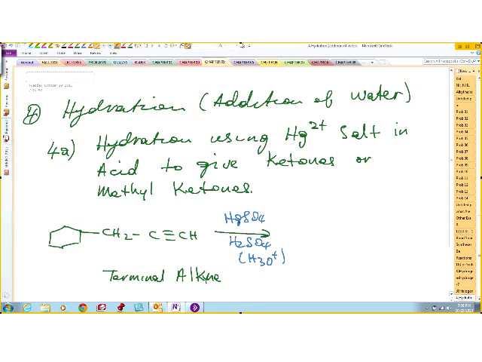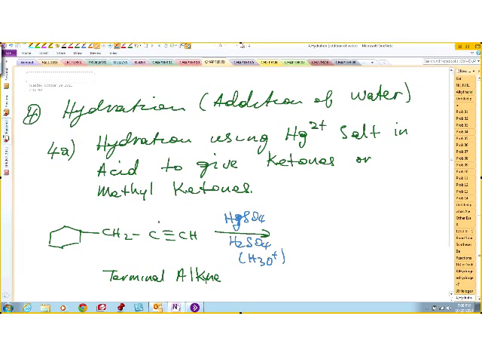This is mercury sulfate, in the presence of sulfuric acid or any dilute acid. And we could indicate the dilute acid by writing hydronium ion. What that would do is transform a terminal alkyne to a methyl ketone.